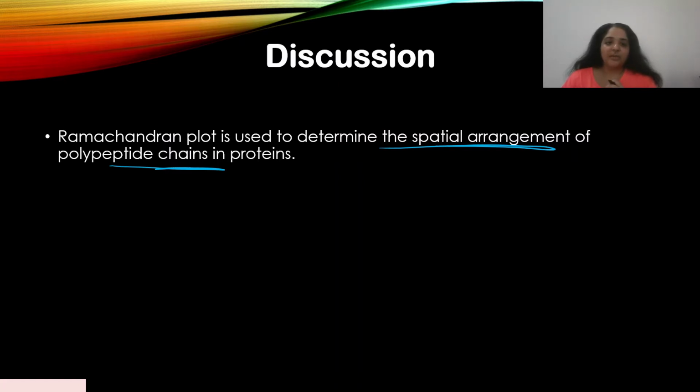So Ramachandran plot helps you to understand that. Like I said, remember this as a fact for the exam. I don't know if they'll ever ask you, but if they do, you know the answer, right? It's used for understanding how proteins are structured. Let's move on then.